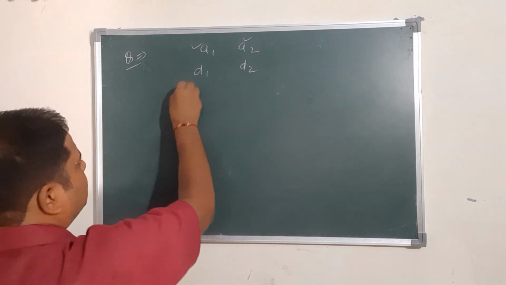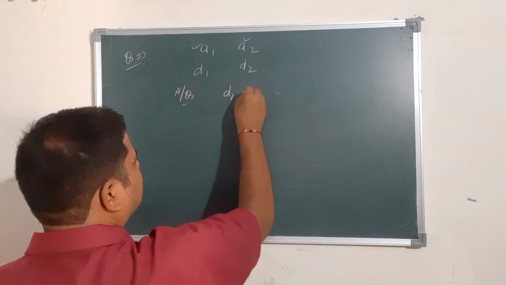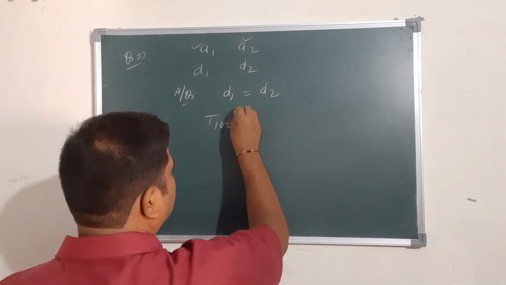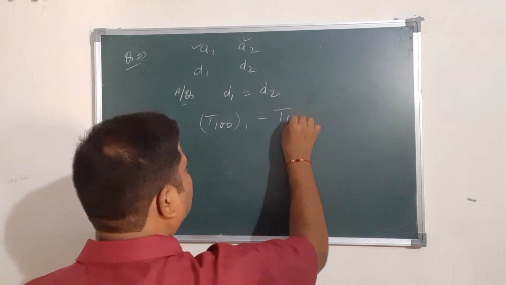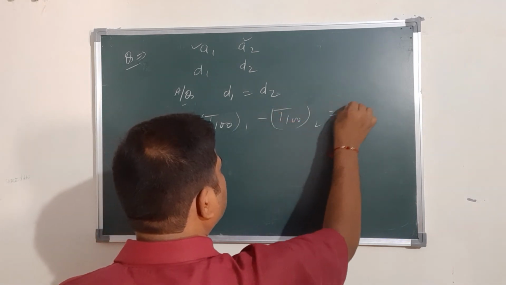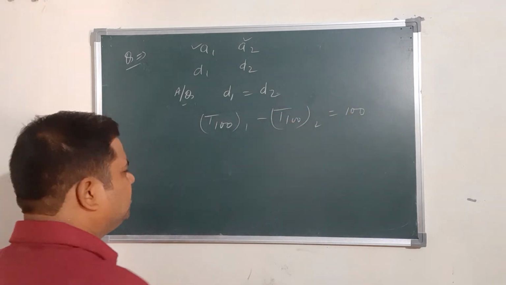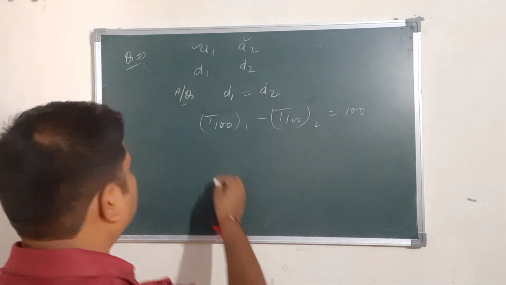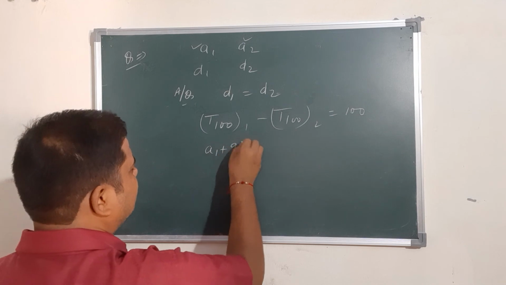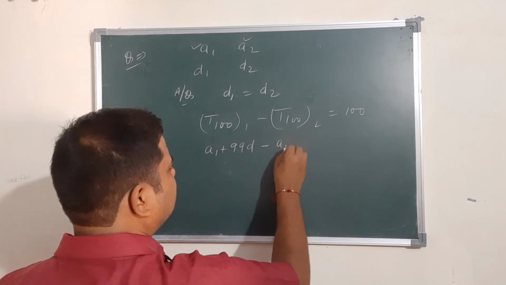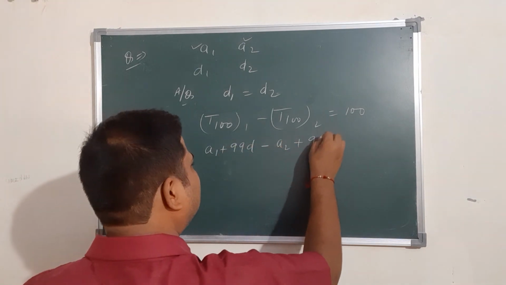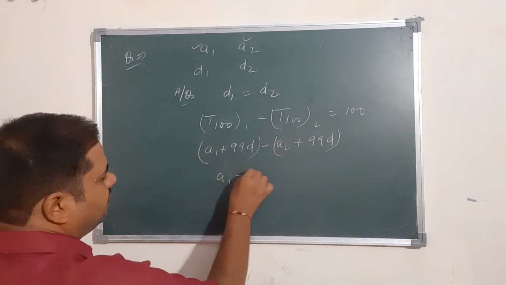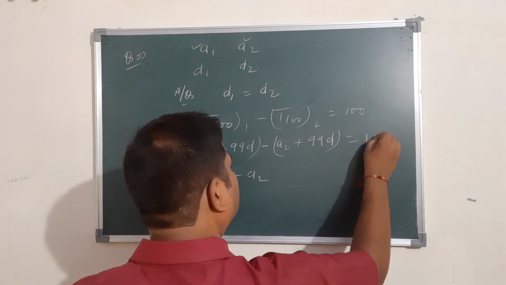But according to the question, D1 is equal to D2. So T100 of the first minus T100 of the second is equal to 100. So A1 plus 99D minus A2 plus 99D, because both have the same common difference. So A1 minus A2 will be 100.